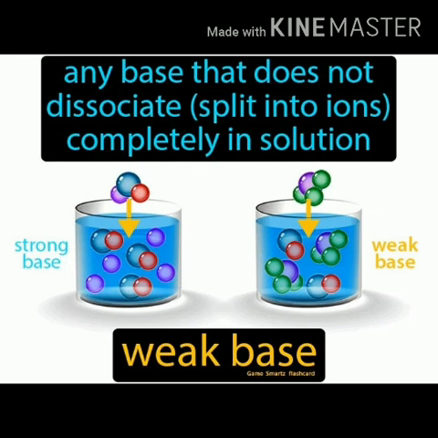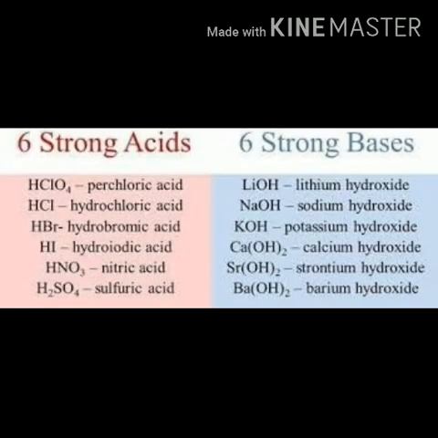And if only some of the molecules are giving the OH minus ion in the aqueous solution, so that they are not completely dissociating, then it is called a weak base. Here are some examples. You can see 6 strong acids are given over here.